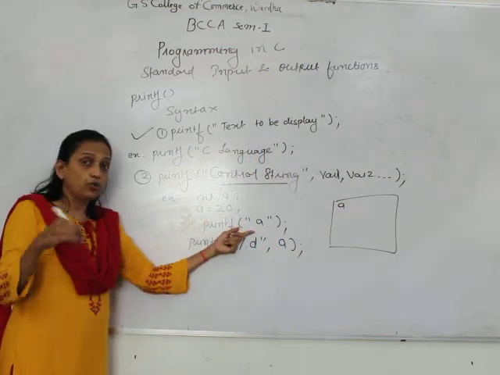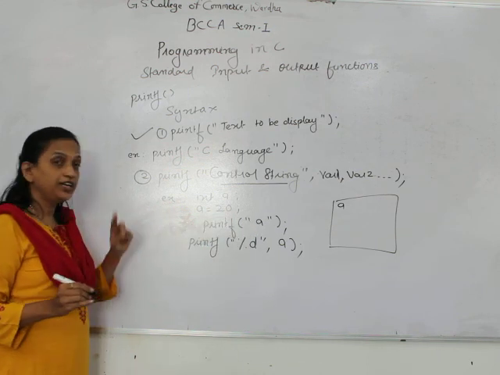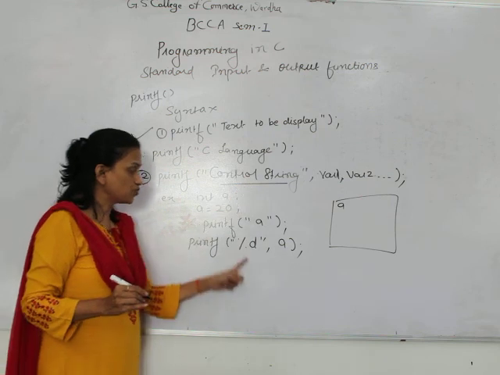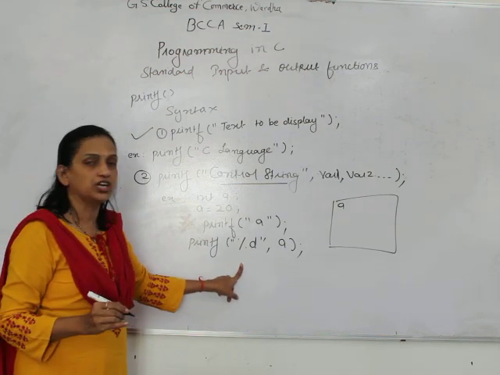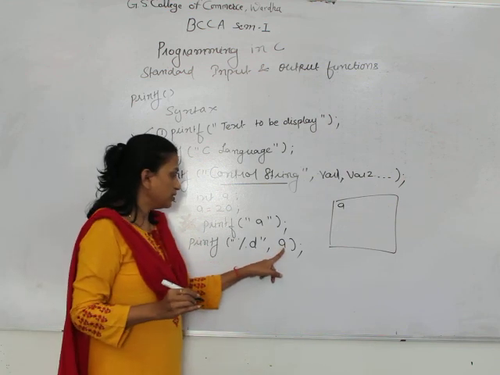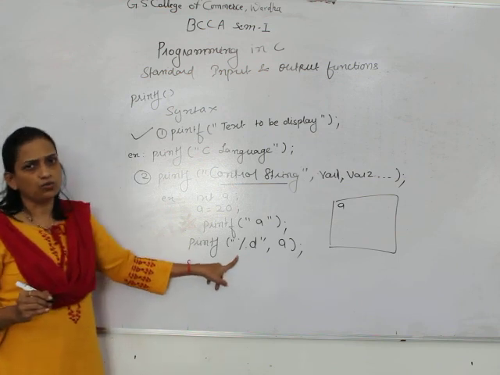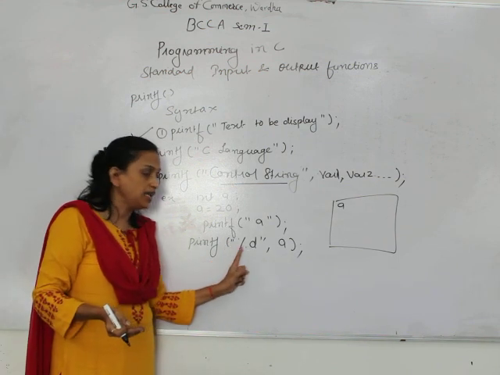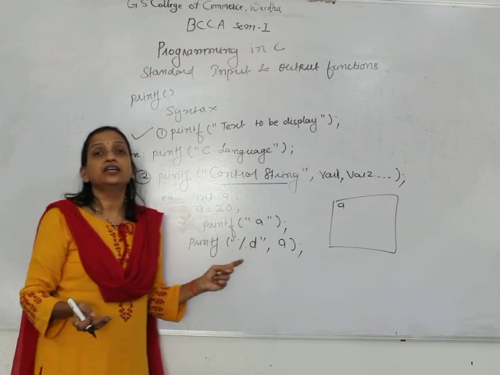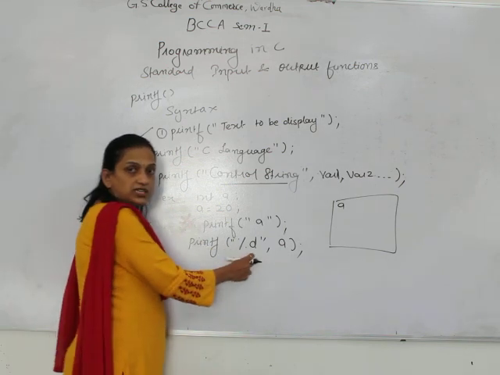Now, but what do you want? You want to print the value of a. So what do you need to do? You need to specify the control string, which is also known as format specification. Okay, so here we use %d. Percent is for conversion, that means it converts the value. Okay, so percent and d. D is for decimal number. Okay, so why are we using decimal?